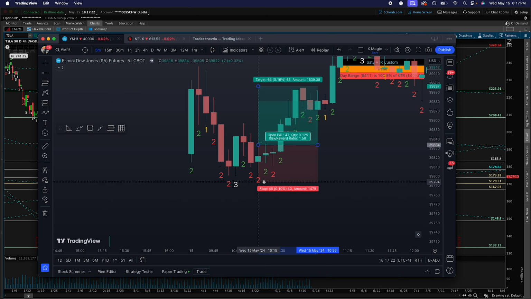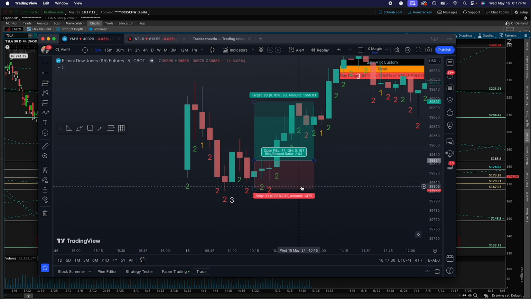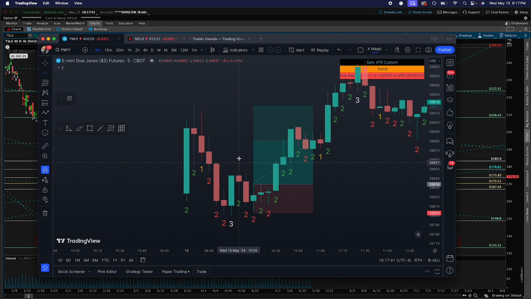My stop loss was under the bottom of the W, per se. So I had about a 32 point stop loss on this trade. My first target was the center of the W, which was right here. This will be target 1.